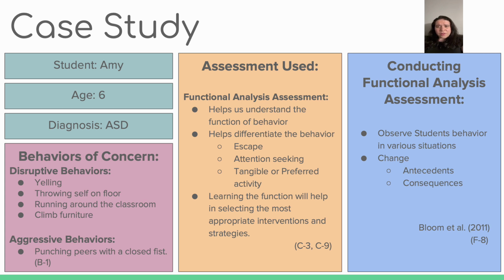For example, in the case of Amy's punching or her disruptive behaviors during, let's say, morning meeting or classwork, we might change the way tasks are presented in a specific order, or the way we react that follows those behaviors.